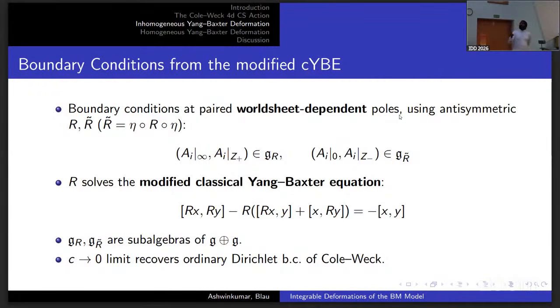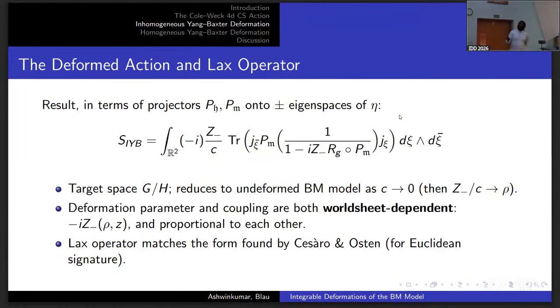But now the equivariance condition forces the solutions of the classical Yang-Baxter equations at the two simple poles to be related via conjugation as such. So as I mentioned, the c to 0 limit recovers the setup of Cole and Weck, and in particular, the boundary conditions approach the Dirichlet boundary conditions of Cole and Weck.